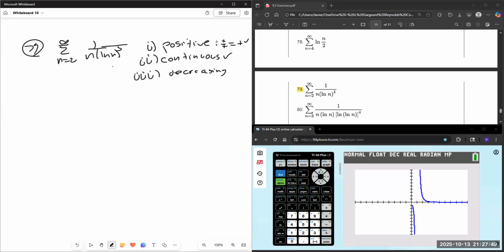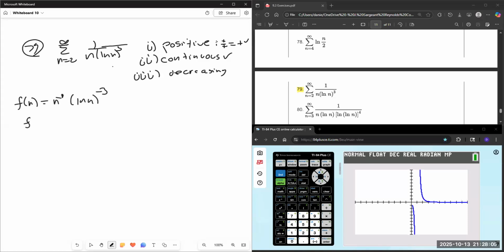So first derivative test here is going to give me f of n is equal to n to the negative first times ln of n to the negative 3.